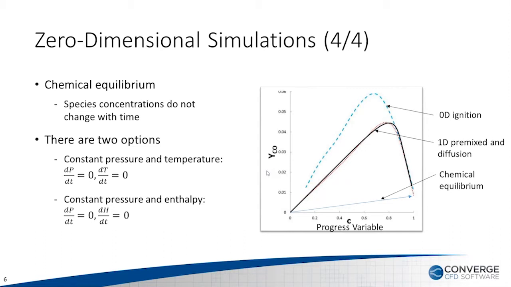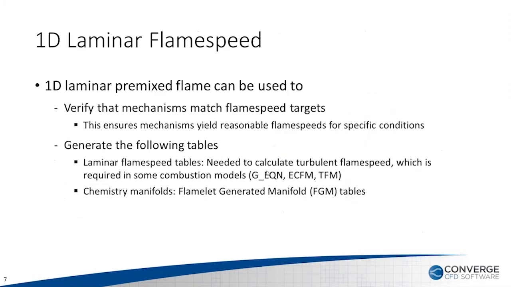But if you solve chemical equilibrium, you only solve for 2 points, basically. C equals 0 is unburned, is your initial condition. And once you solve for chemical equilibrium, you only get the value at C equals 1. It's going to jump from 0 to 1 directly.